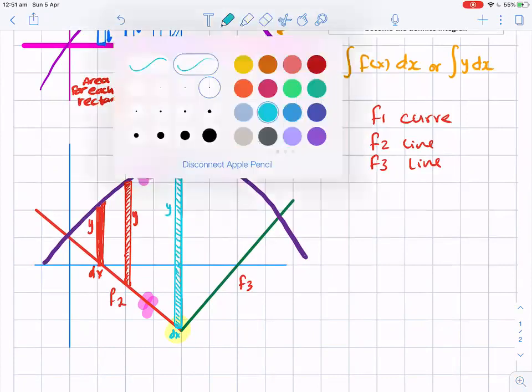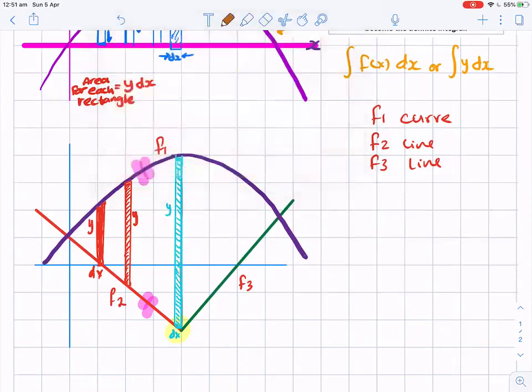So this strip here is going to be between the curve and F3. So when you find this strip here, the limit for it is maybe the same, it's this point here and this point here in the middle.